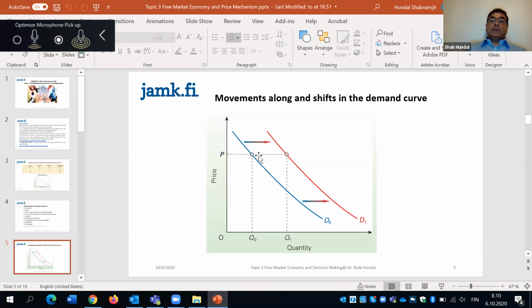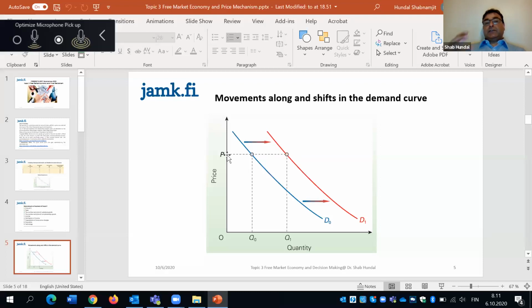But when there is a shift in the demand curve, the price of the commodity has no role to play. It remains static, but some non-price factor makes a change, and because of that, your demand can increase or decrease.